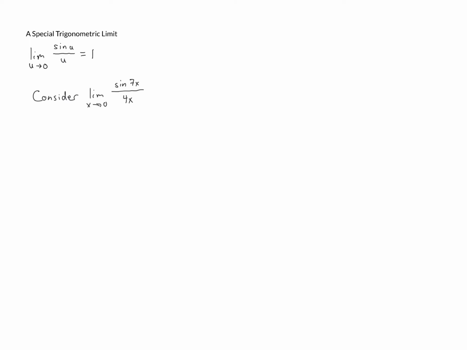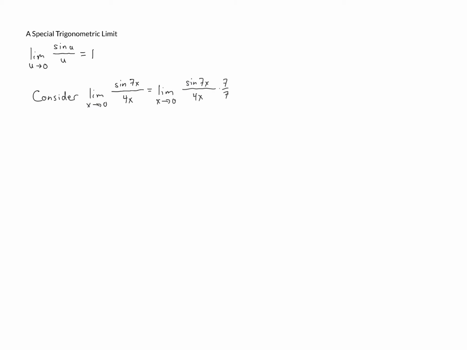So instead, what we're going to do is rewrite this by multiplying the top and bottom by 7. So we've got the limit as x approaches 0 of sine of 7x all over 4x. We're going to multiply the top and bottom by 7, right?